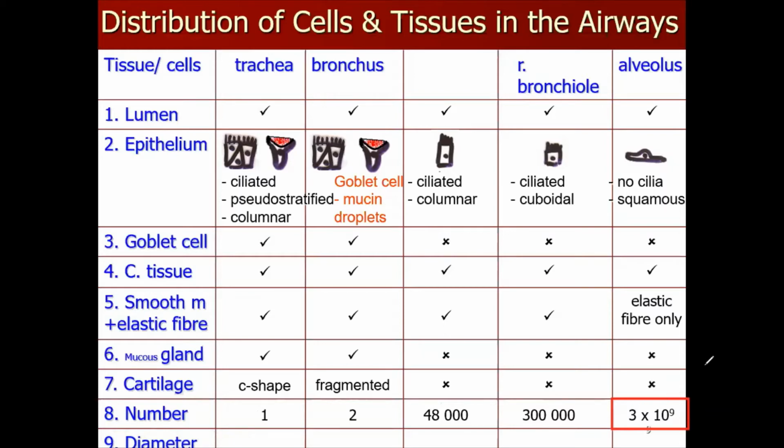billions of alveoli. When you have billions of alveoli, you are increasing the surface area for gaseous exchange.